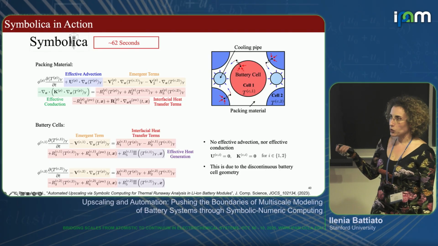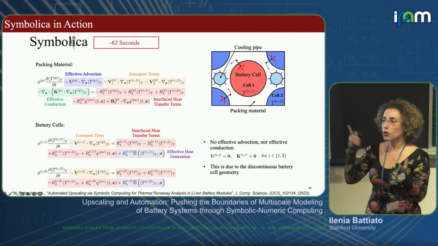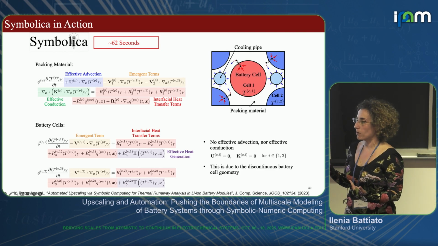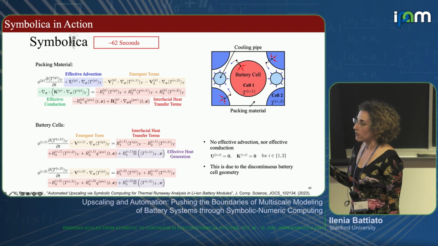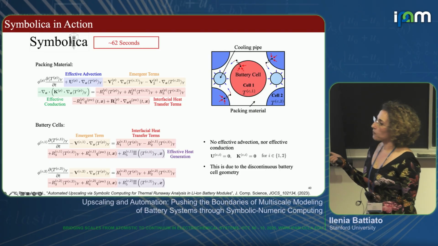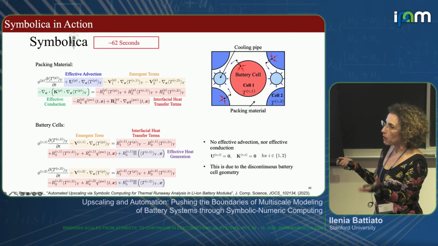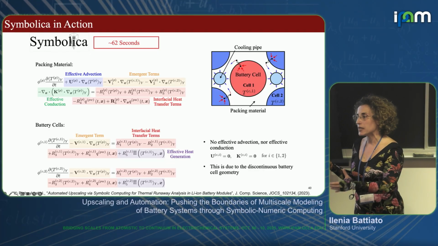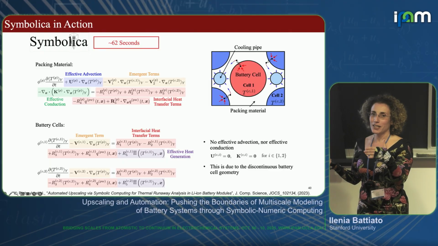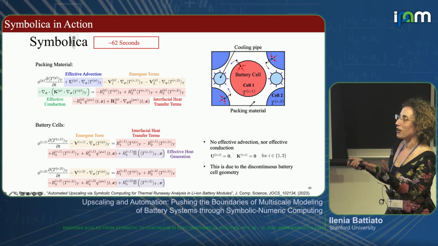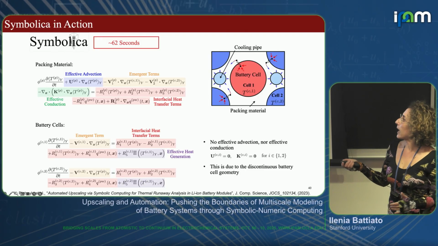Well, now I know how they should look, but if I had to guess what was the model that corresponded to that thermal runaway problem, and I had to get it intuitively, I would have never written these equations. So in that sense, in my opinion, what symbolic deduction does is eliminate the human bias from our perceived or projected idea of what a certain system at the larger scale should look like.